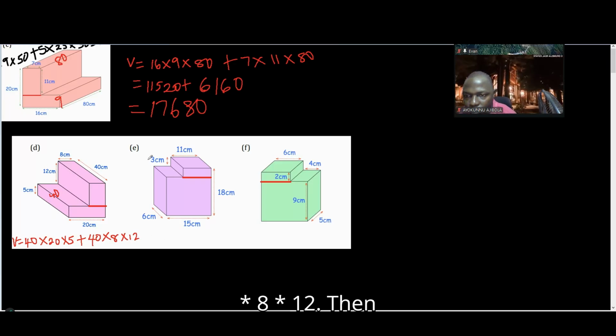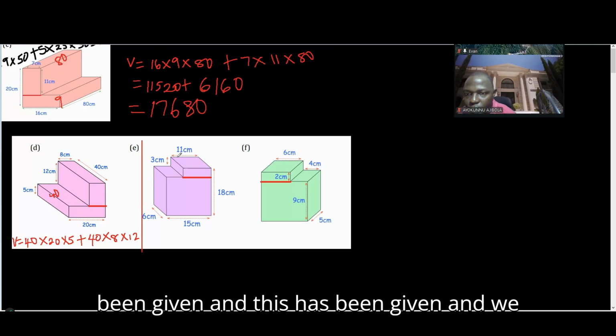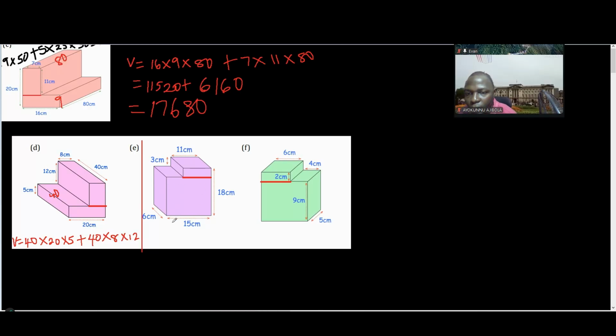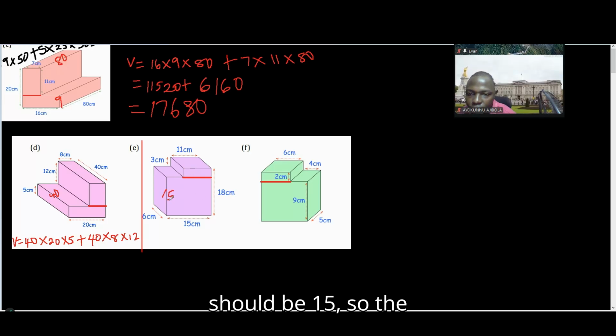Then the second image, we have the short space at the top has been given, and this has been given, and we already know all of these parts. So this is 18, and this is 3. Then this place should be 15.